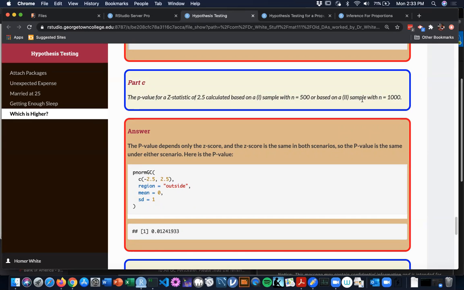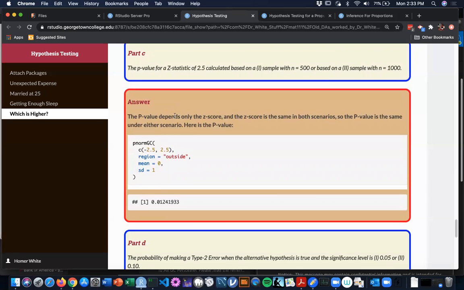You would have to know the sample proportion, and you would also have to know the null value, what the null hypothesis thought p was. But suppose that in each of these different situations, you got 2.5 in both of them for your test statistic. How about the p-value? Which scenario would make it bigger?